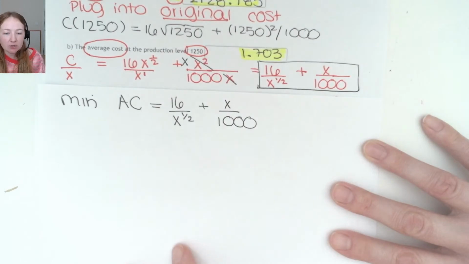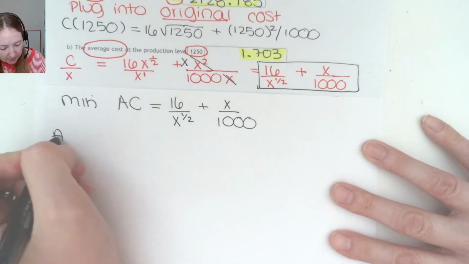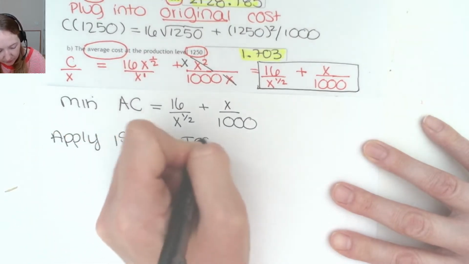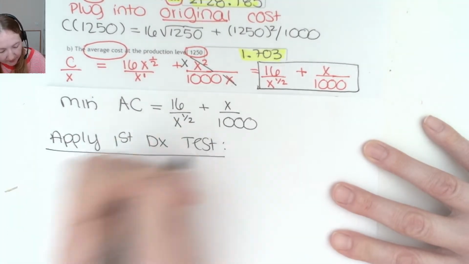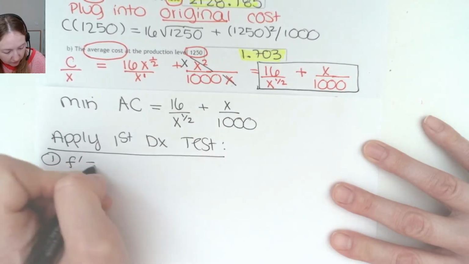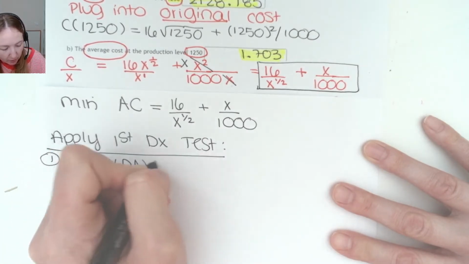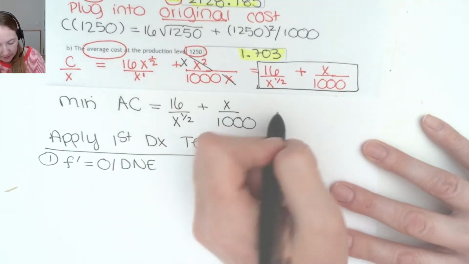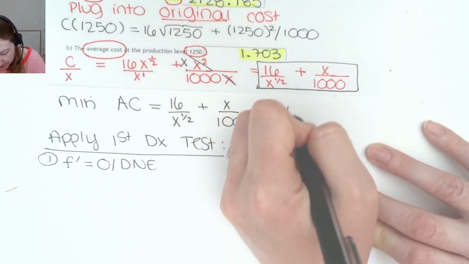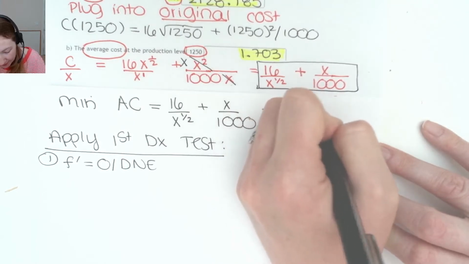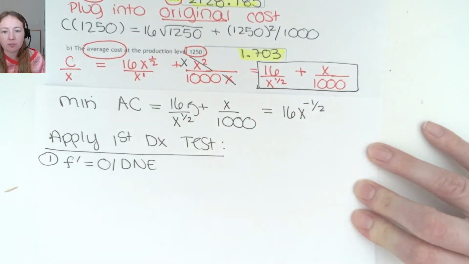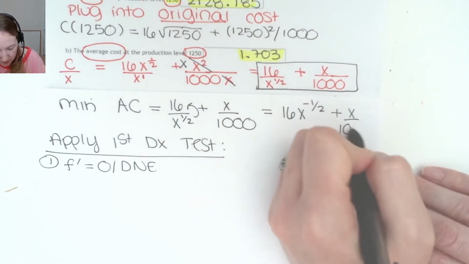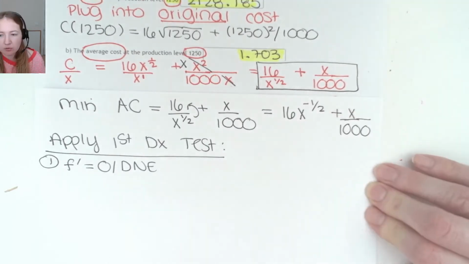Now, what I need to do with this average cost function is apply the first derivative test. To apply that, I need to first get my derivative, set it equal to 0 or does not exist. So I would want to rewrite this as 16x to the negative 1/2, bringing that variable up into the numerator, and then plus x over 1,000, to get ready to take my derivative.